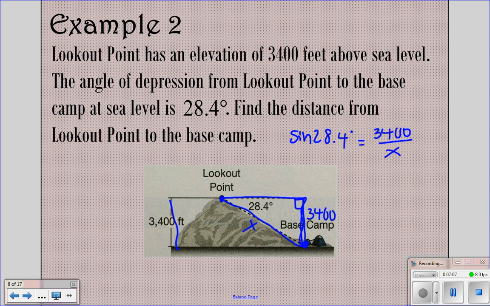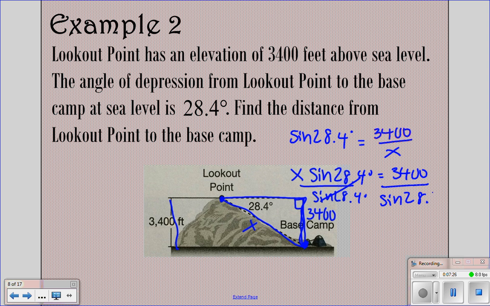over x. So we multiply both sides by x, and we get x sine of 28.4 equals 3,400. And so if you divide by the sine of 28.4, you're going to have 3,400 divided by sine of 28.4.